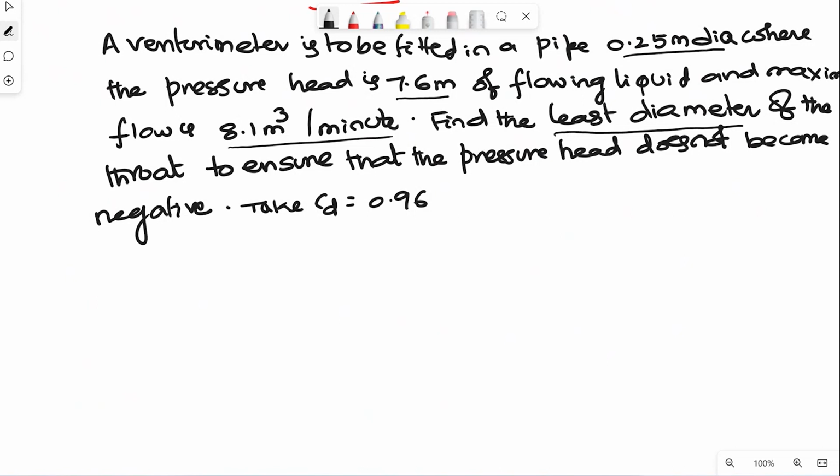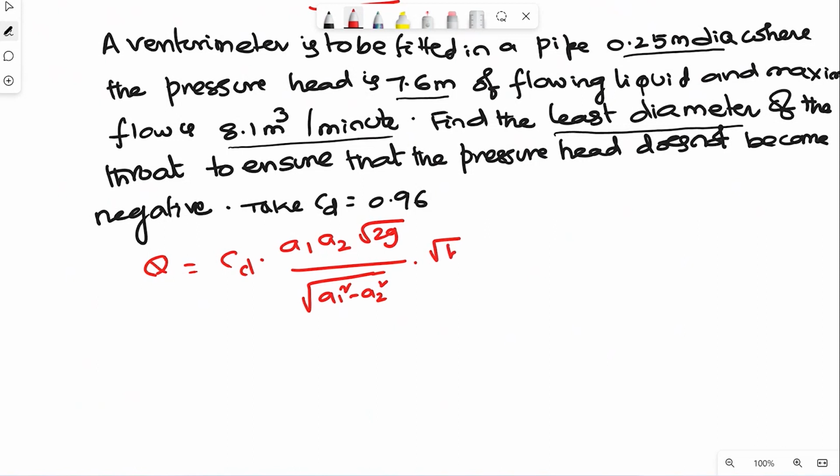That is what the question is. So now, taking all this into account, let us go ahead straight away with the equation that we have. Q is equal to CD into A1 A2 root 2G divided by root of A1 square minus A2 square, into root H. This is the equation for us.